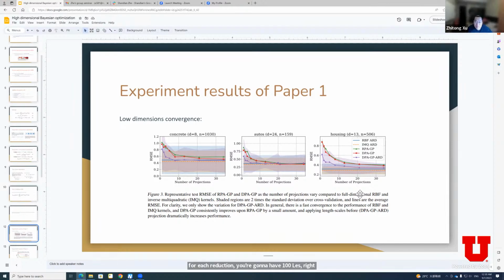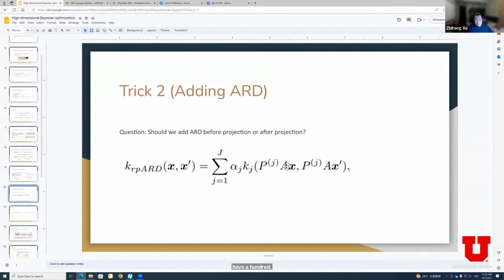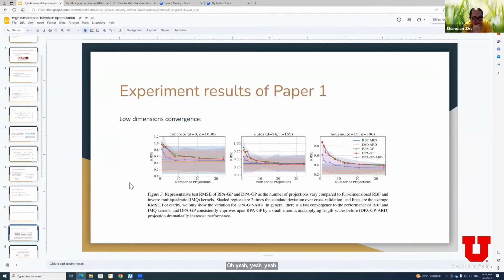Or do they share the length scales? Yeah, for each dimension there's going to be a length scale. So if the input space is 100 dimensions, they have 100 length scales, so A is 100 times 100. A is shared by all the projections. Oh okay, that's not too bad. Sorry about that, I didn't make it clear.